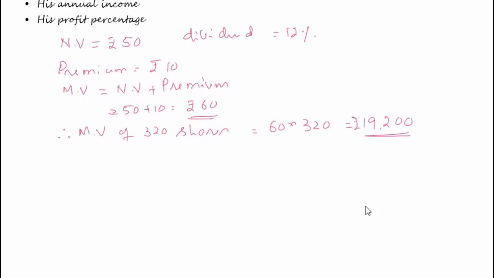Now you need to calculate annual income. So annual income is nothing but the total dividend. So dividend percentage is 12. So total income is nothing but the total dividend, that is 12% of nominal value.